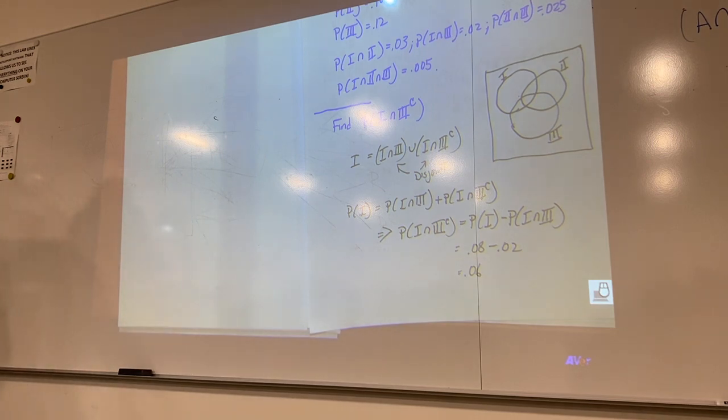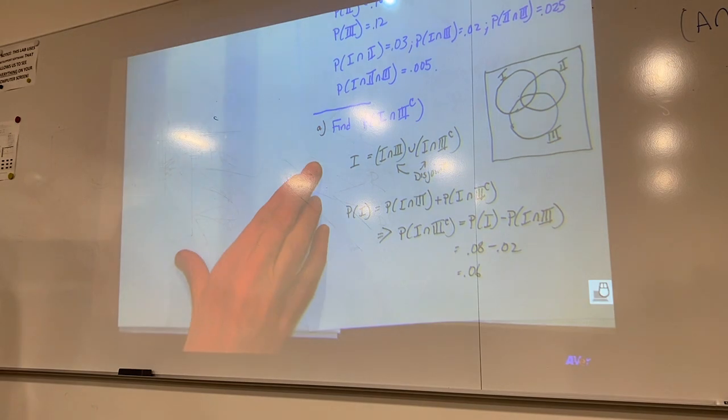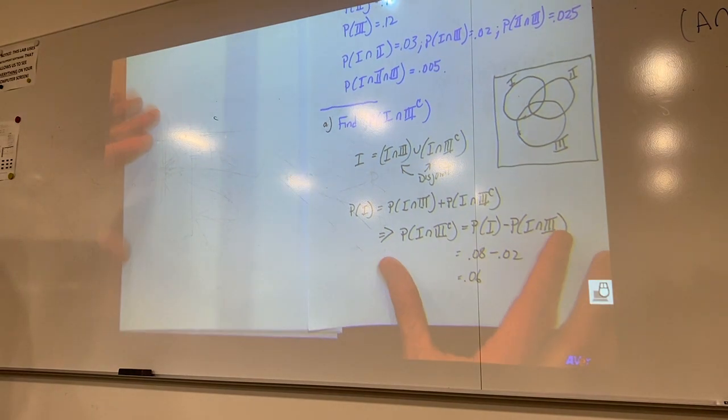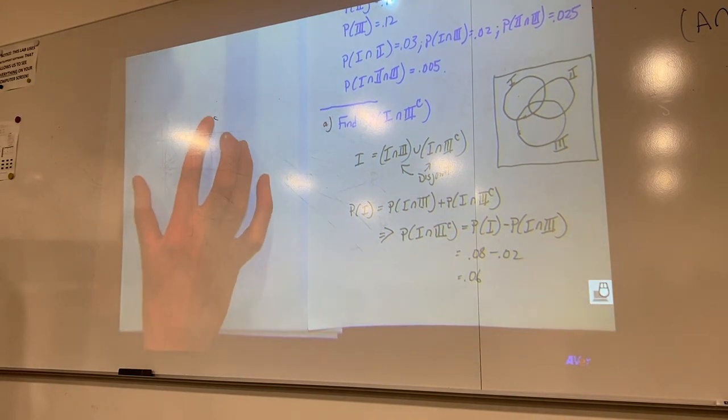And so, by the way, there was a method to this madness, and we'll let this get a little more interesting in a second. But B: given a random person does not have marker 3, what's the probability they do have marker 1?